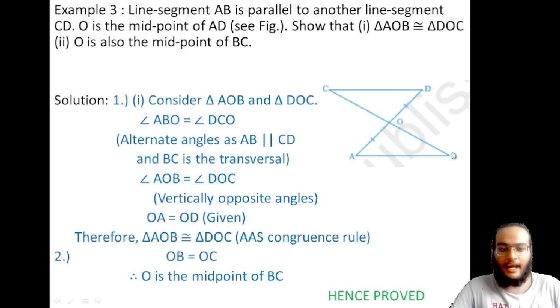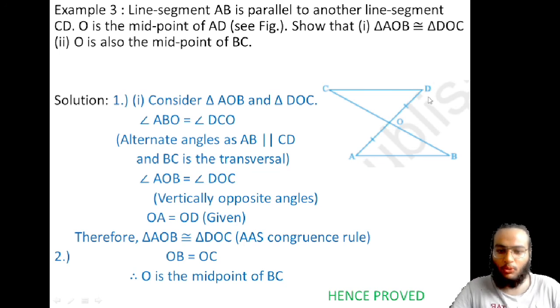In these triangles, angle ABO should be equal to angle DCO, as they are alternate interior angles, since it is given that AB is parallel to CD and BC is the transversal. Angle AOB should be equal to angle DOC, as they are vertically opposite angles.